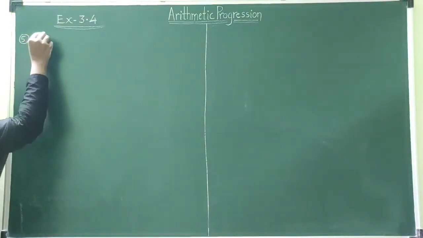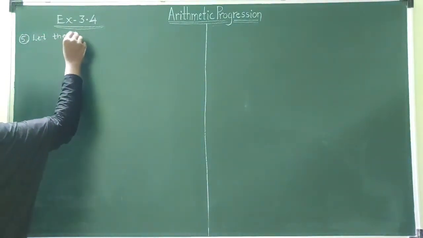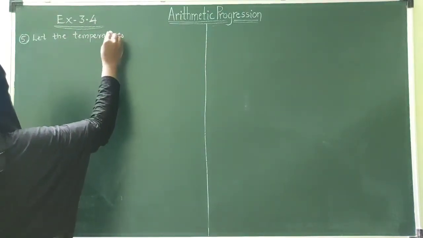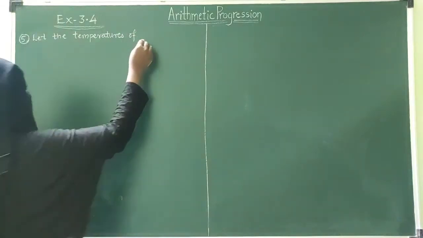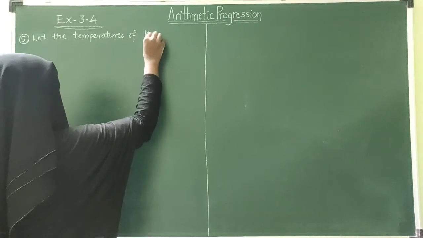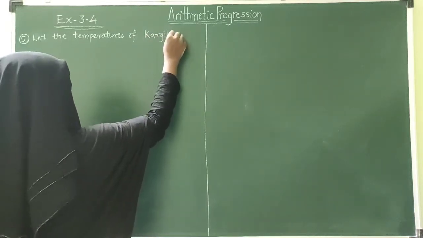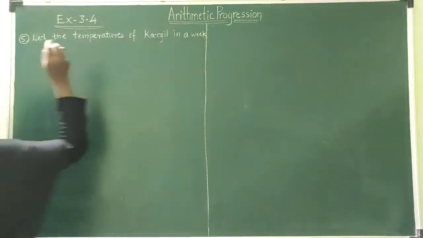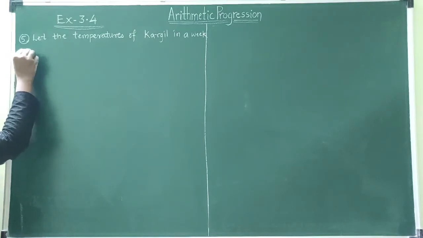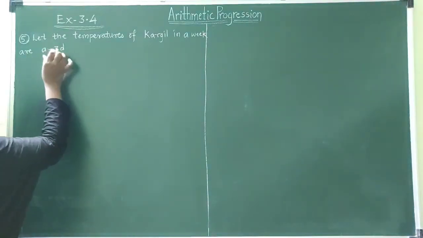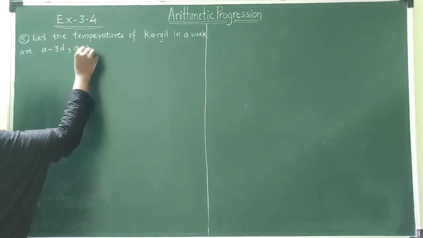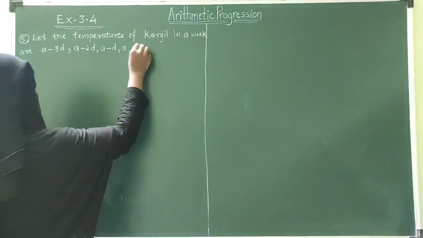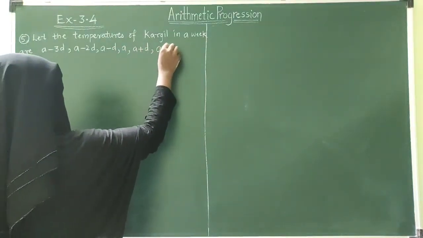Let the temperatures of Kargil in a week, from Monday to Saturday, be A minus 3D, A minus 2D, A minus D, A plus D, and A plus 2D.